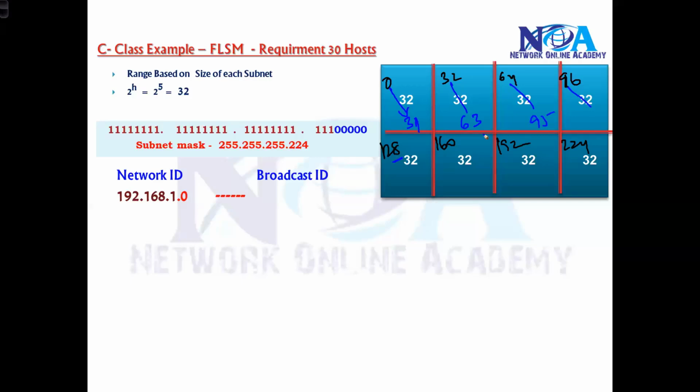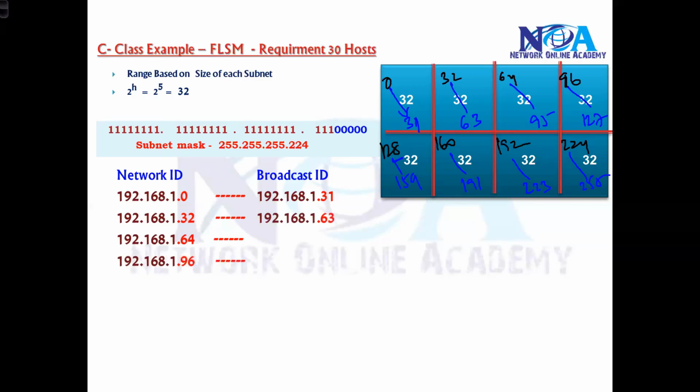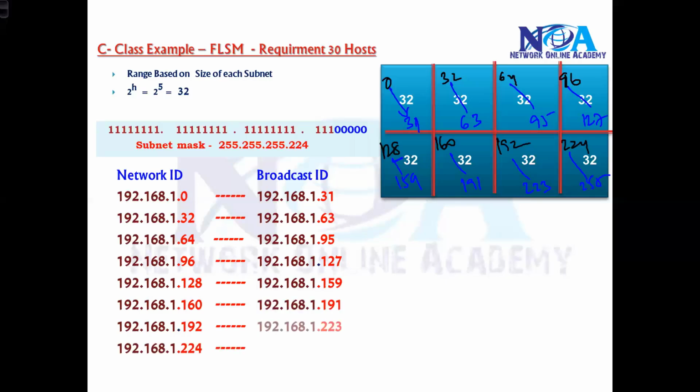The next range starts on 128, which means my range ends on 127, and then 159, and then 191, and then 223, and then 255. If you write the same thing here, 0, 32, 64, the next range means my range ends on 63, like this. Likewise the same thing. This way, as you go on, you get 8 subnets.